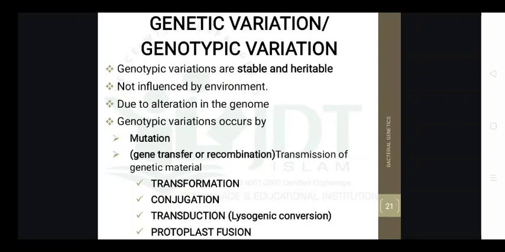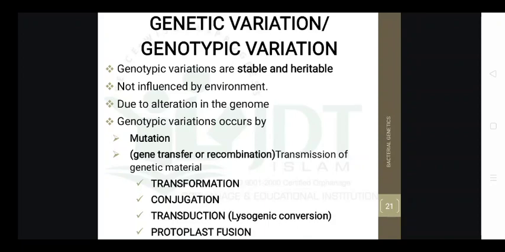There are different mechanisms for genetic recombination: transformation, conjugation, transduction, protoplast fusion, in vitro recombination methods, etc. These are the different methods for gene transfer or genetic recombination. We should not confuse this with the term recombinant DNA technology.